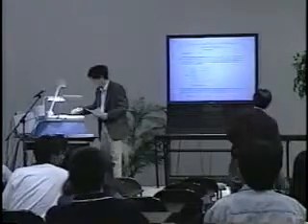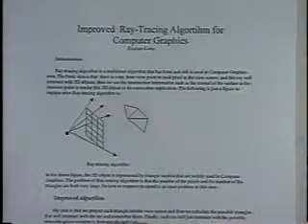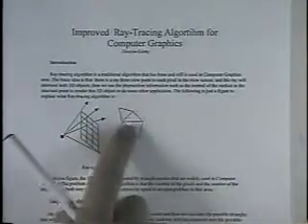My name is Xiaojun Liang. My topic is an improved ray tracing algorithm for computer graphics. First, the introduction. Ray tracing is a traditional algorithm. We have a viewpoint here, and we have a view screen, and this is the representation of 3D objects. Here are the triangles.